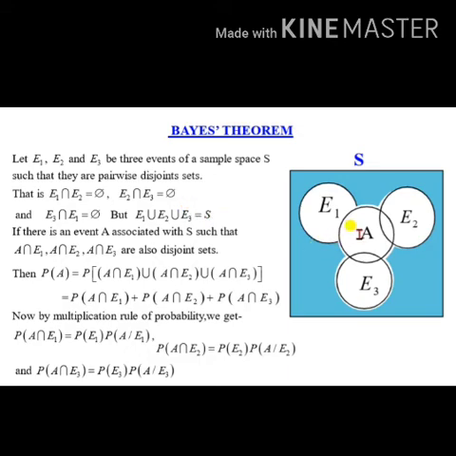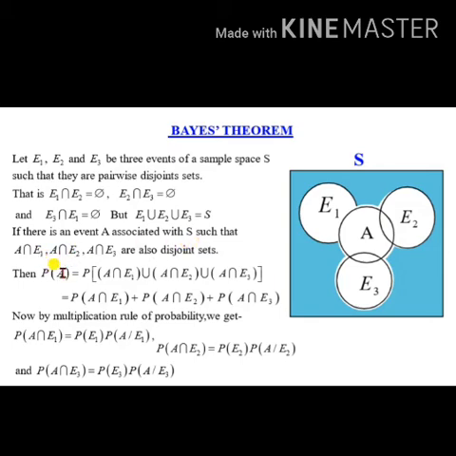Now we consider an event A associated with the sample space S such that A intersection E1, A intersection E2, A intersection E3 are also disjoint, because E1, E2 and E3 are disjoint. Therefore the intersections of A with E1, E2 and E3 will again be disjoint sets.